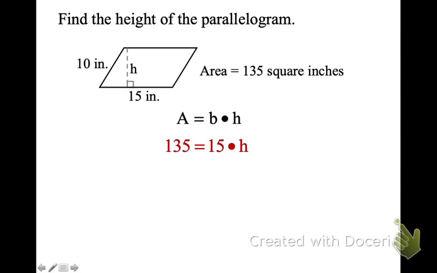Well, to get that h alone, I have to do the inverse operation. I'm going to be dividing both sides by 15. And now what we have is h is equal to 9. Now remember, the height is in inches, not inches squared. The area is square inches, but the height and the base are all inches. So it's 9 inches.